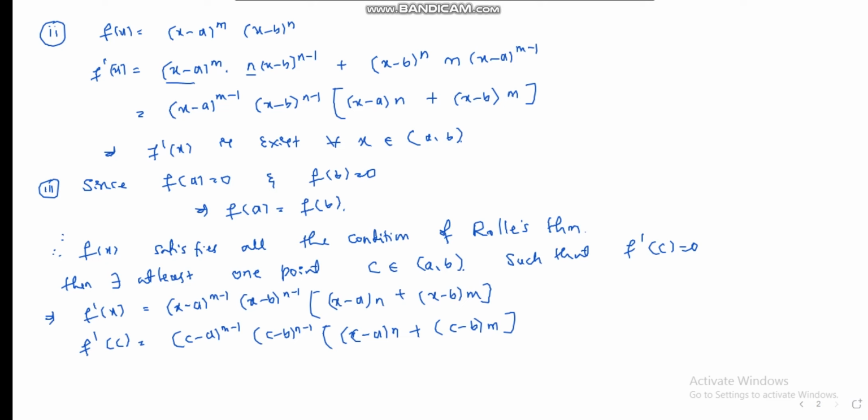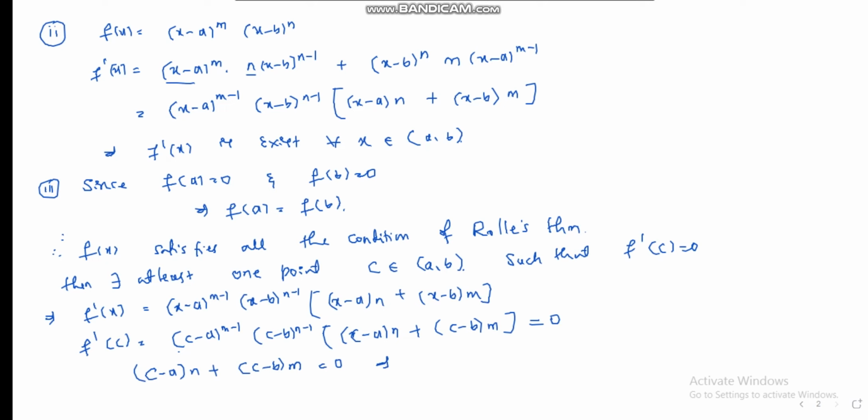Now we know f'(c) is equal to 0, therefore this is equal to 0. These two terms, (c minus a) raised to m minus 1 and (c minus b) raised to n minus 1, we transpose to the other side, so the remaining is (c minus a) into n plus (c minus b) into m equal to 0.